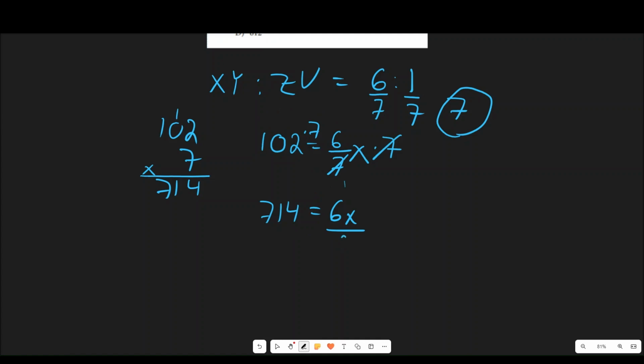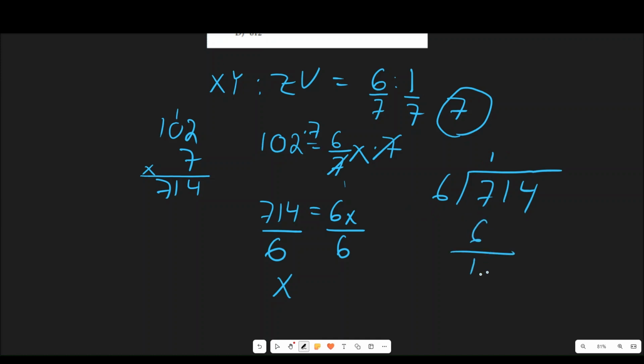But again, we're going to divide by 6. You can use your calculator, but I like to do math by hand, so I'm going to write it out over here for your viewing pleasure. 6 goes into 7 one time, and we are left with 1 over, and then we bring that one down, that becomes 11. 6 goes into 11 also one time, so we have 5 left over, 4 goes down here, and then 6 times 9 is 54.